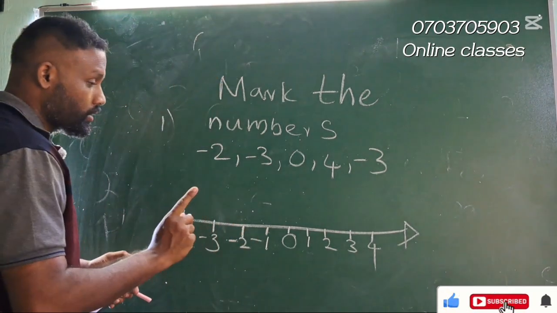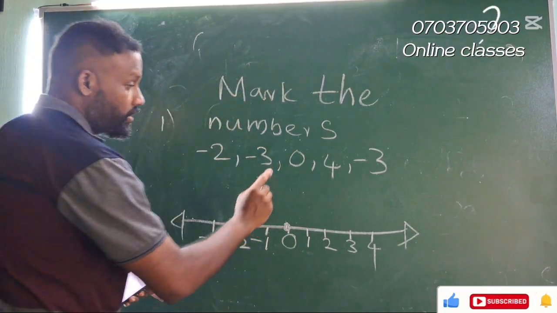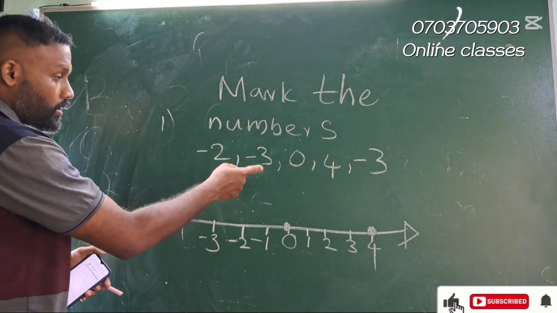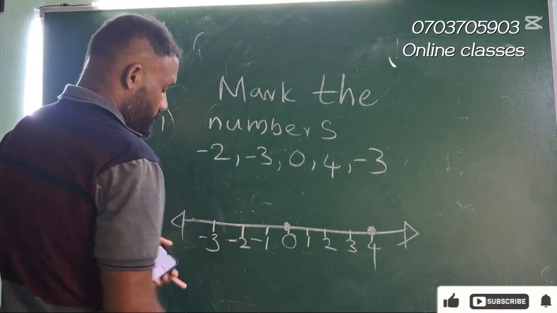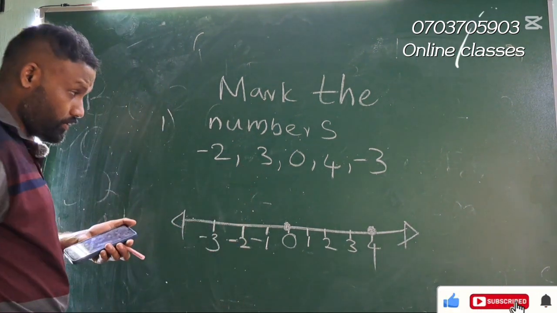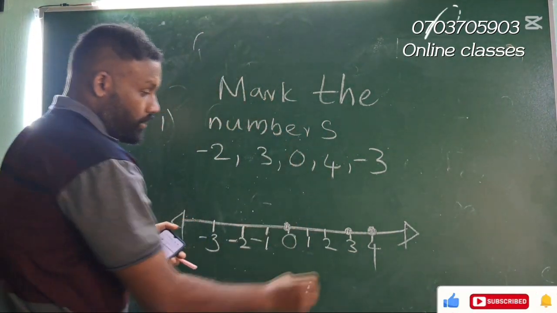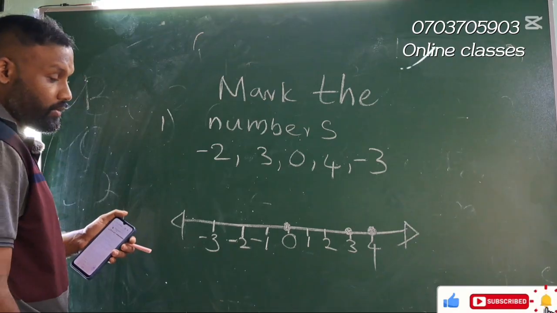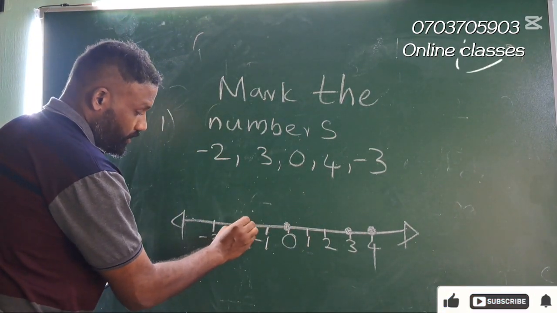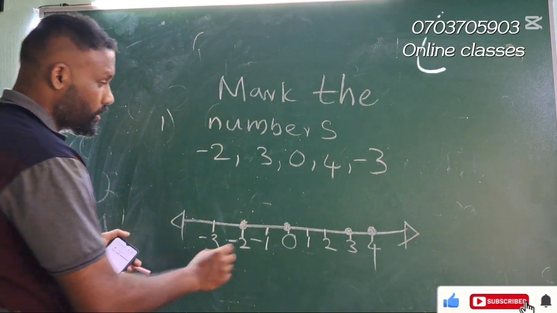Now we can mark 0. 0 is here and 4 is here, and this should be +3. Therefore we can mark +3 also, and -2 and -3 on your left side, where you can see the negative numbers.